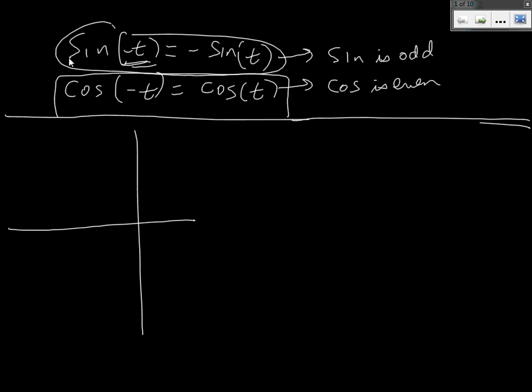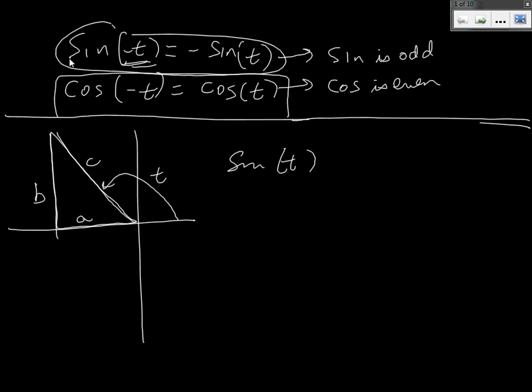So we go into quadrant 2 and we go t degrees and we get our triangle a, b, and c. Now, the sine of t degrees comes from this triangle. And the sine is opposite over hypotenuse. It is b over c.